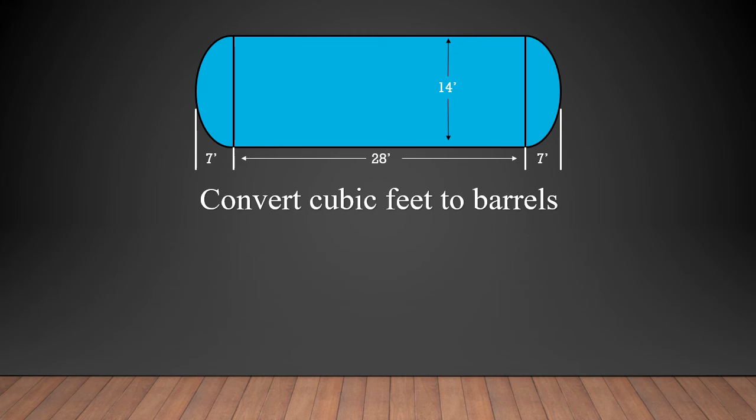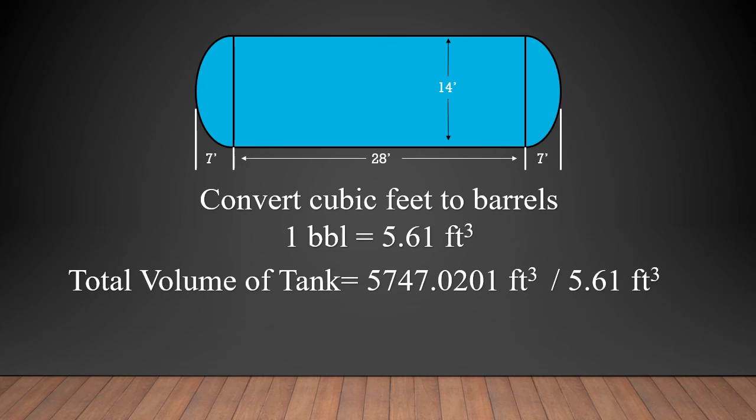In our book on page 160, if you look around there, it'll let you know 1 barrel is 5.61 cubic feet. There are other ways to come up with this, but we will use this conversion from the book. What you're going to have to do is take the number you just figured out, the 5,747 and some change, and divide that by 5.61.